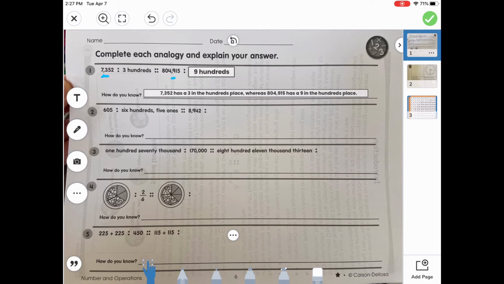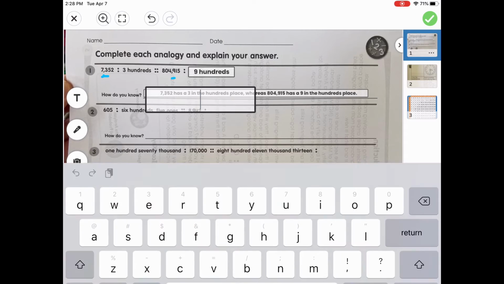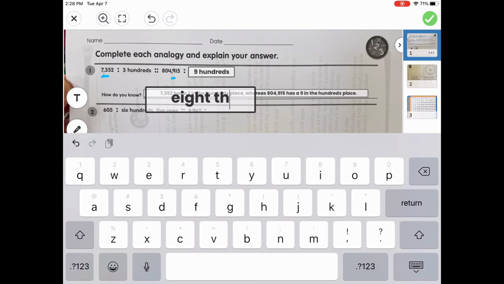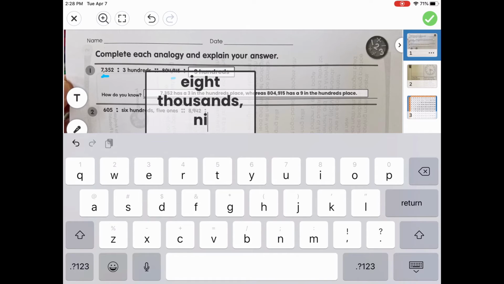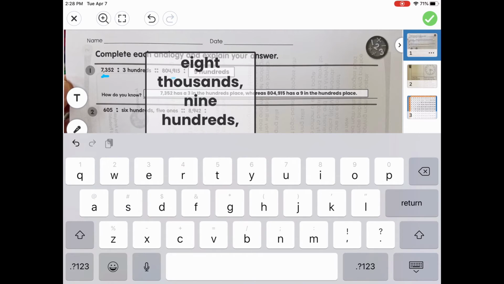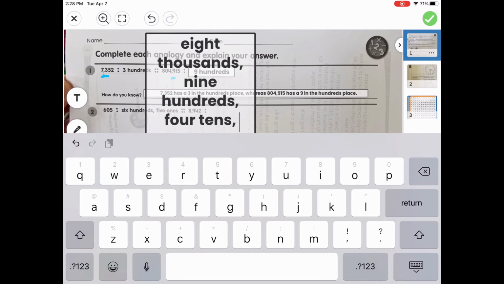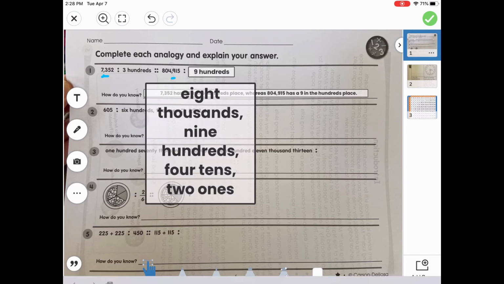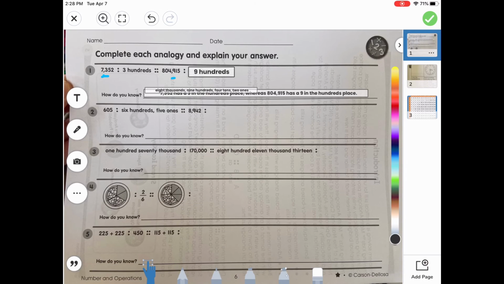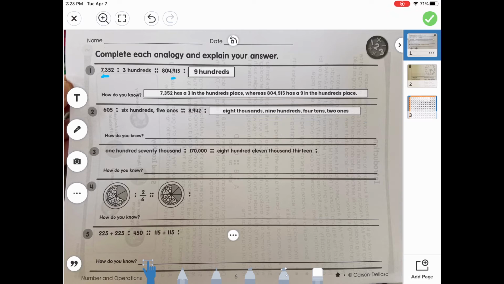So I'm going to list the value of each place value in the other number. Your explanations and your answers can vary for how you know, so I'll just look at what you wrote for each of those explanations down below.